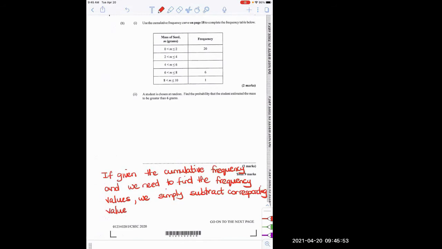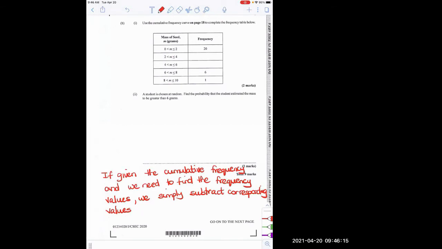So the frequency cannot be read off from the graph. We have to subtract the two corresponding values to get the frequency, because the cumulative frequency is found by the running down total. It means that we add the numbers coming down.